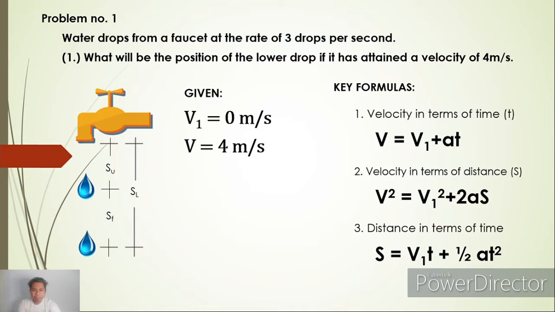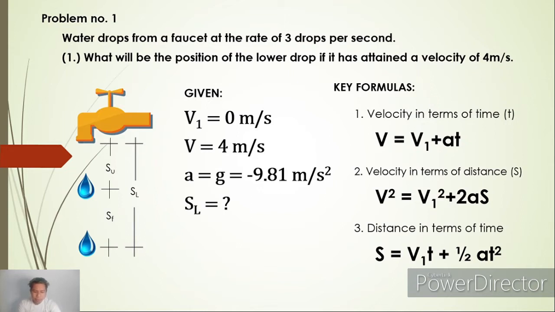Second, we have the velocity final, which is 4 meters per second, given in the problem. And the acceleration, which is equal to the gravitational acceleration, equal to 9.81 meters per square second. So, anong-ano natin? The position of the lower drop. So, based sa ating key formulas, kung makikita natin ang ating given, we have V1, we have V, we have A, and the unknown is the SL.